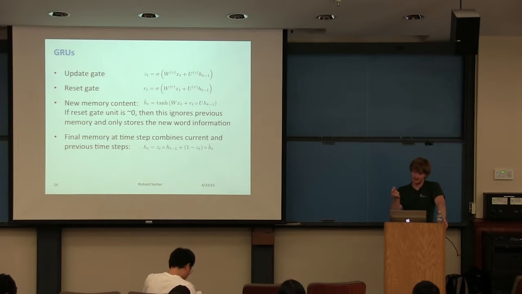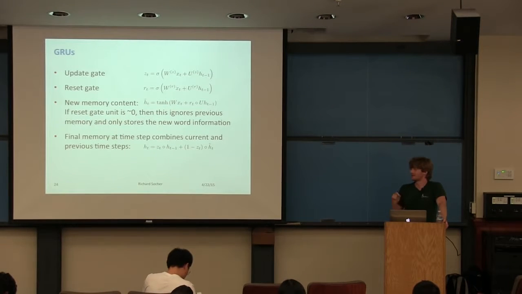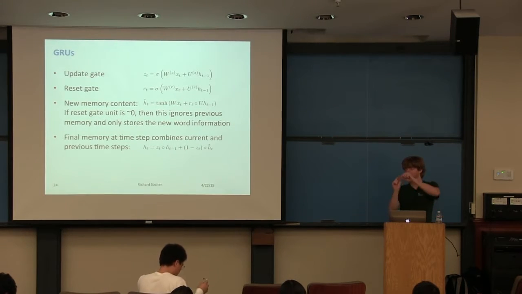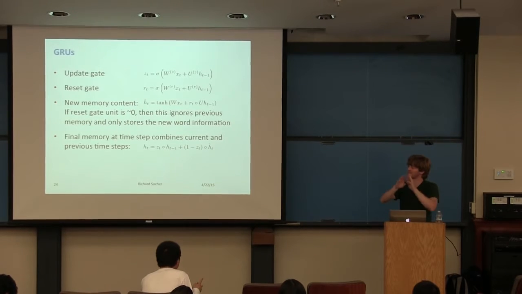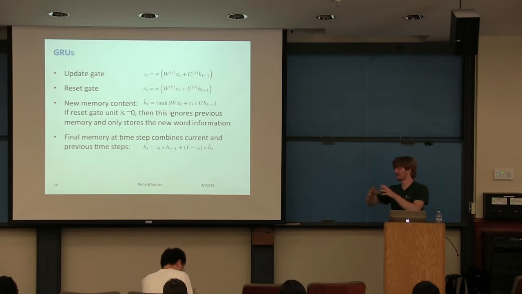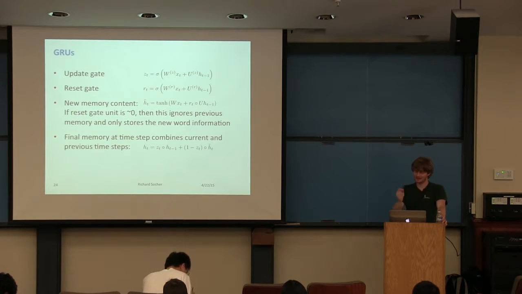So one, these reset gates, you have one for every single unit of all the words, right? So RT and ZT here are vectors, and so if you have 300-dimensional word vectors or 300-dimensional hidden representation, then each of the units can decide by itself. So you might want to keep around some dimensions of that word, so it knows it's about politics or something, and adds other words that are about politics and gives a higher probability to those. It's not really that that gate is turned on or off for the entirety of the word.